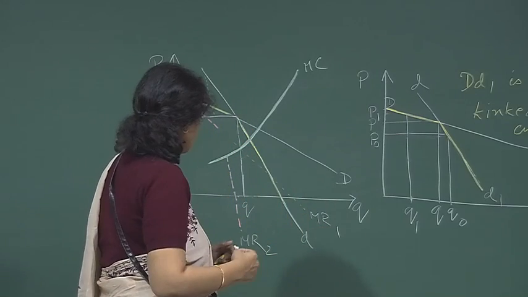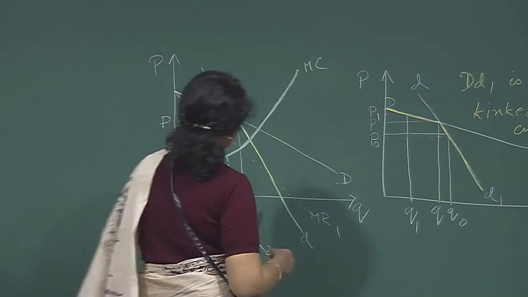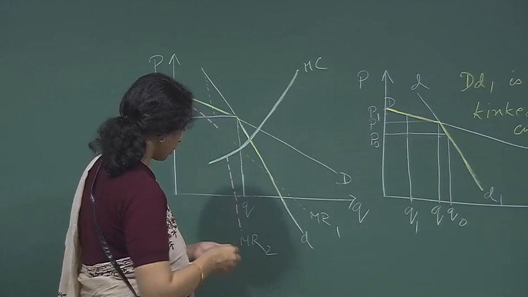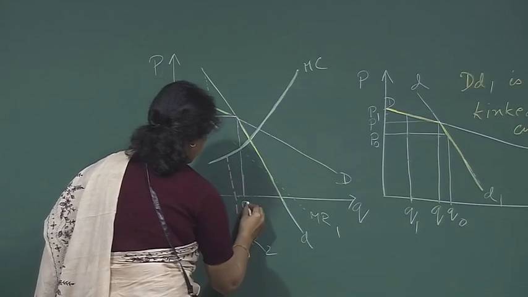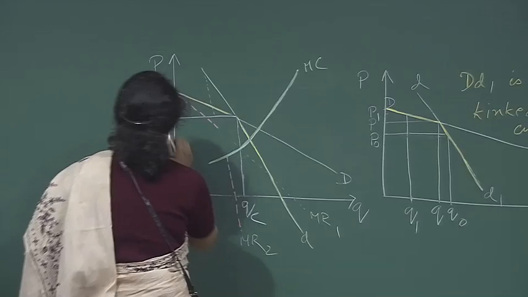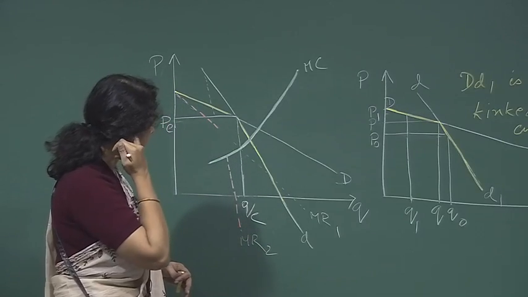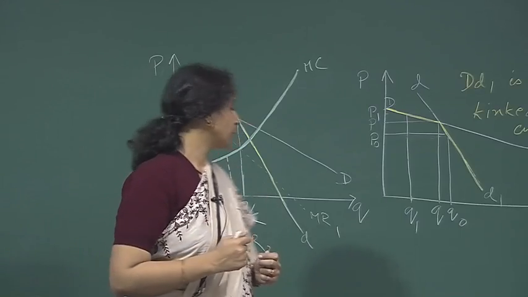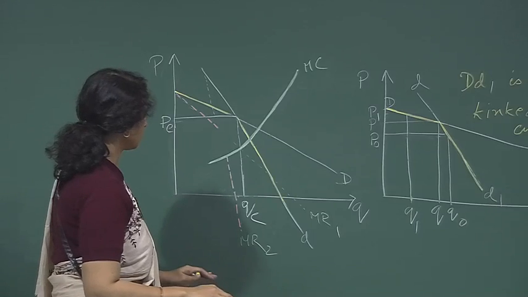Now, MR equal to MC basically decides the equilibrium output and equilibrium price. Let me call them QE and PE. So this is where the market was stable. Now say the market started from here.